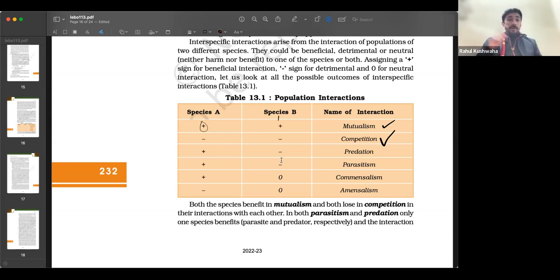But if the tiger cannot catch the deer, then the tiger has lost a lot of energy in vain. So the victory was of the deer and the tiger lost. And it may cost the tiger its life, because it happens. We think that predatory animals are very fierce, reproductively fit, enjoying their life, but it's not that.